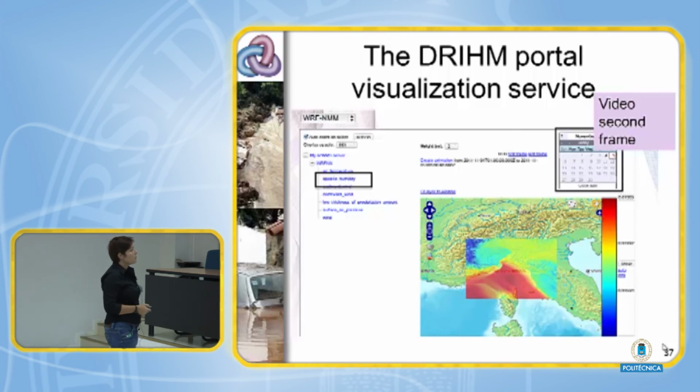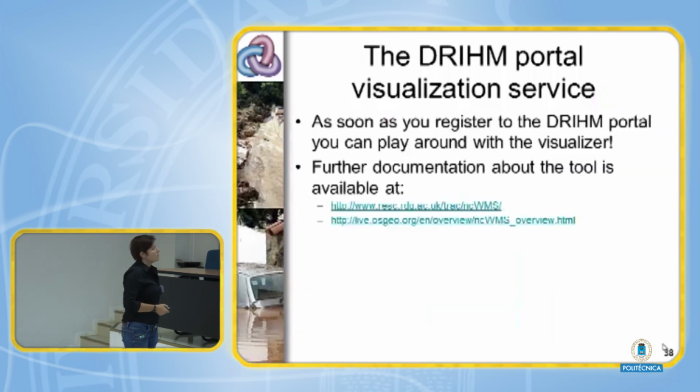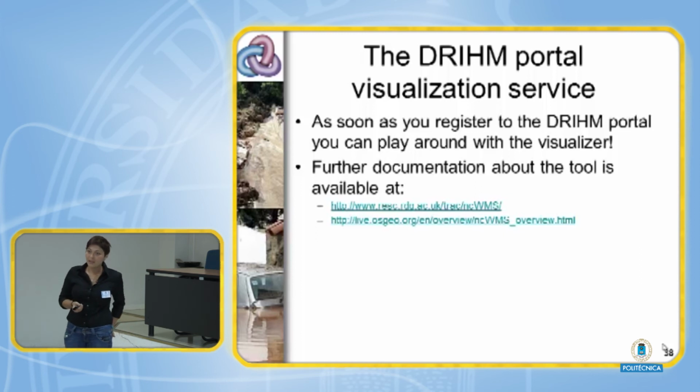And I think that is almost all related to the visualizer, because it is quite simple and intuitive to use. You can find here more information, more documentation about the tool, and this afternoon we will start using the tools.